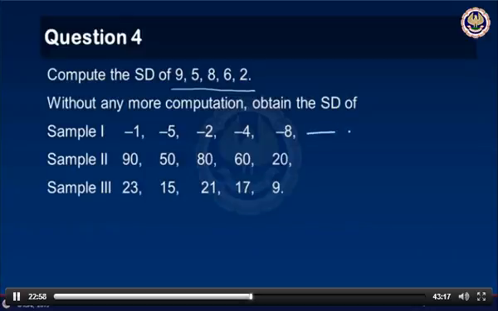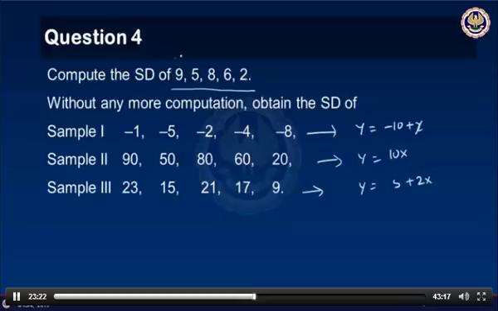The first equation is in the form of y equals -10 plus x, and the second sample is in the form of y equals 10x, and the third sample is of the form y equals 5 plus 2x.